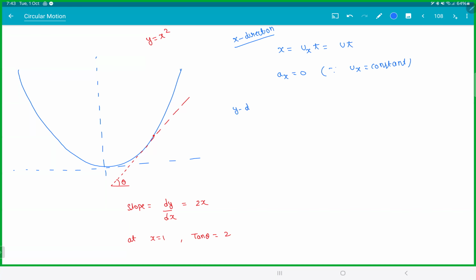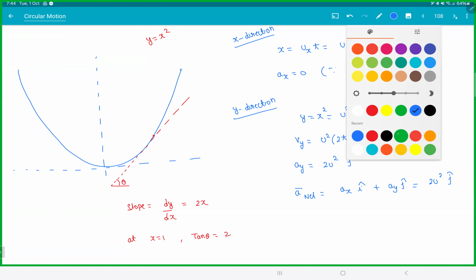When you try to do the study in y direction, I know y is equal to x square, and you said x is ut, so this is u square t square. If I differentiate this, I'll get vy, which is 2u square t. If I differentiate again, I'll get ay, which is 2u square j cap. So if someone asks you the net acceleration, a net is ax i cap plus ay j cap, which is 2u square j cap. So that is the only acceleration you have.